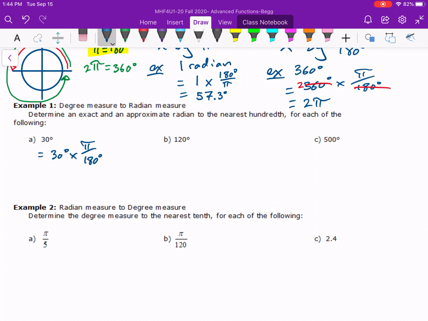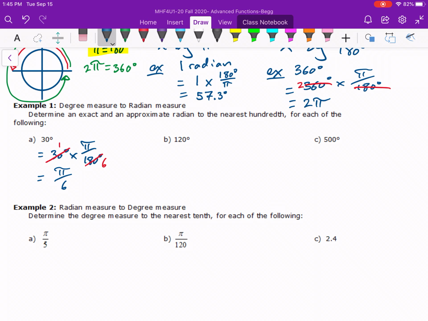If I want to get an exact value, then I can just reduce and leave it as a fraction. 30 goes into itself once, and it goes into 180 6 times. So I'm left with pi over 6. So pi over 6 is an exact value.